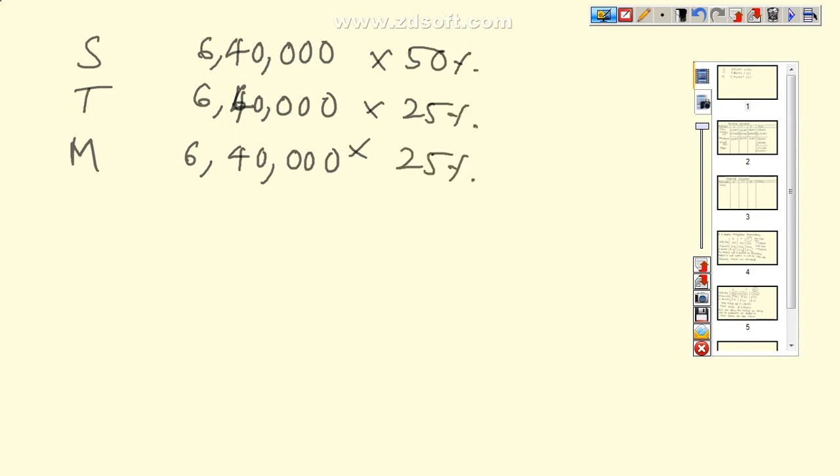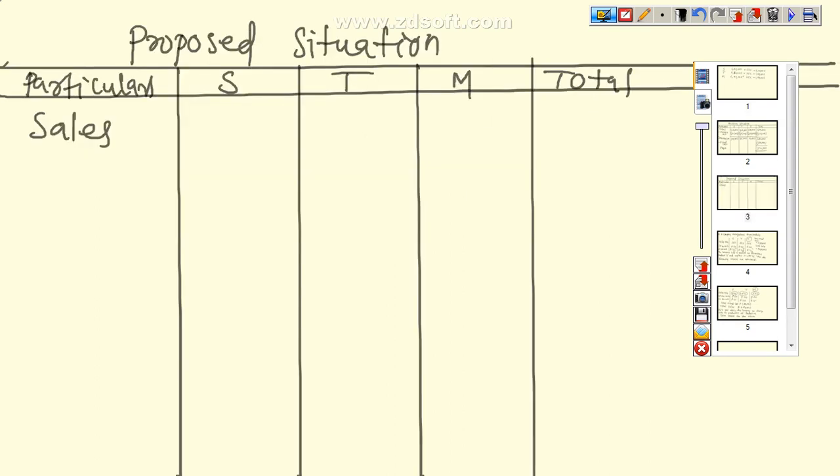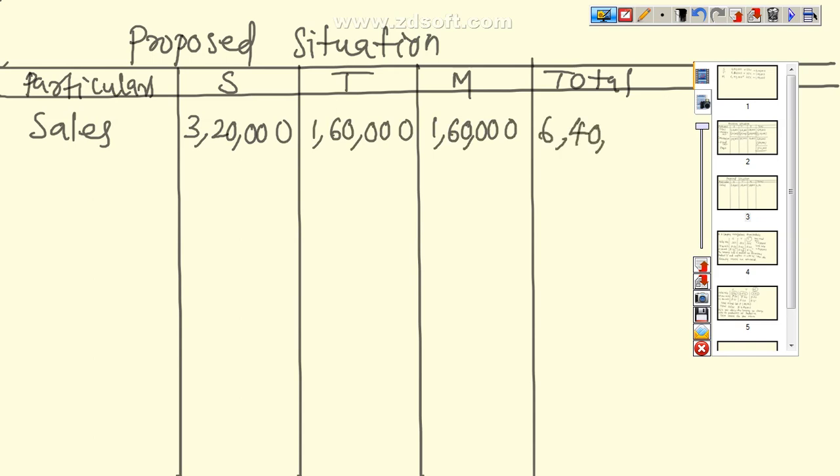So the answer is equal to 3,20,000, 1,60,000 and here it is 1,60,000. Now we have to put these values in the table. Here we write 3,20,000, 1,60,000. Here also 1,60,000. Total should be equal to 6,40,000.